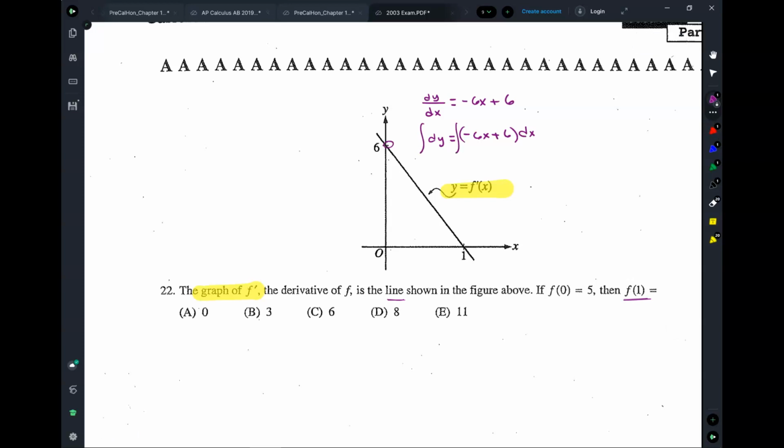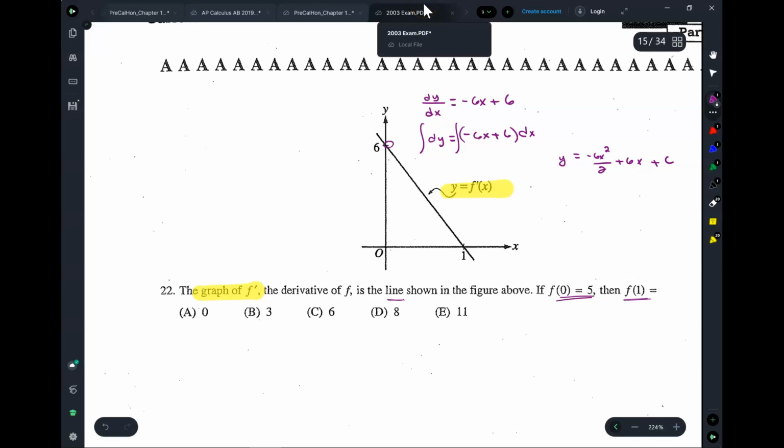So I get that y is equal to, okay, negative 6x squared over 2 plus 6x plus c. Okay, let's put in our initial condition. When x is 0, y is 5. So 5 equals negative 3 times 0 plus c. C is equal to 5.